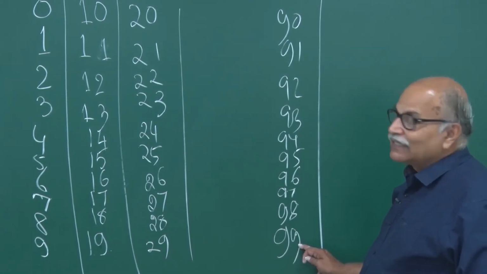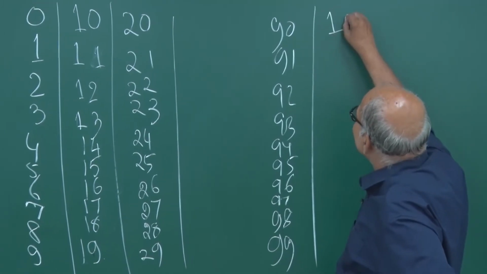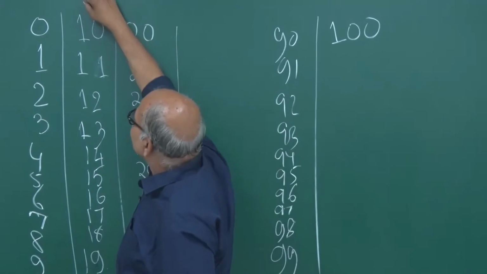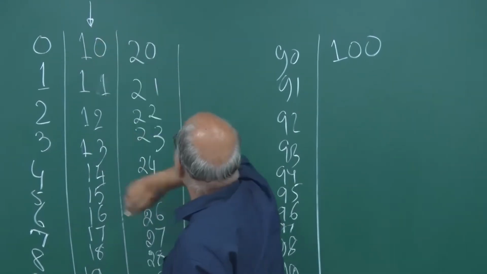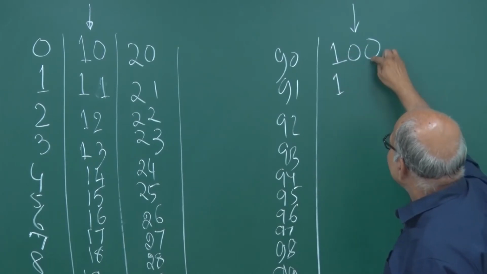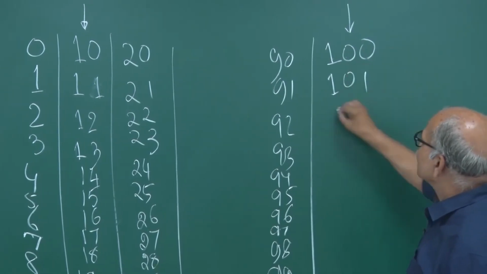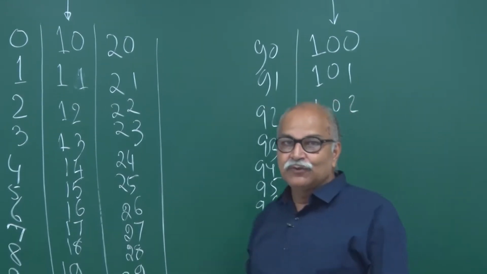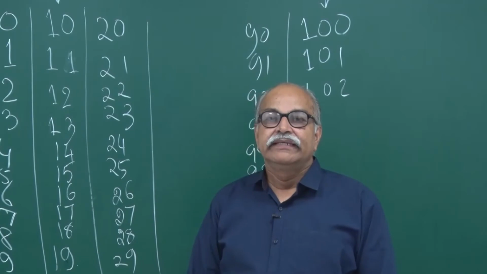And how do you start? You put 1 0 0. Once the digits change, 2 digit you start with 1 0, 3 digit you start with 1 0 0, and then you change this number here, 1 0 1, 1 0 2, and so on. So this is how the counting goes.